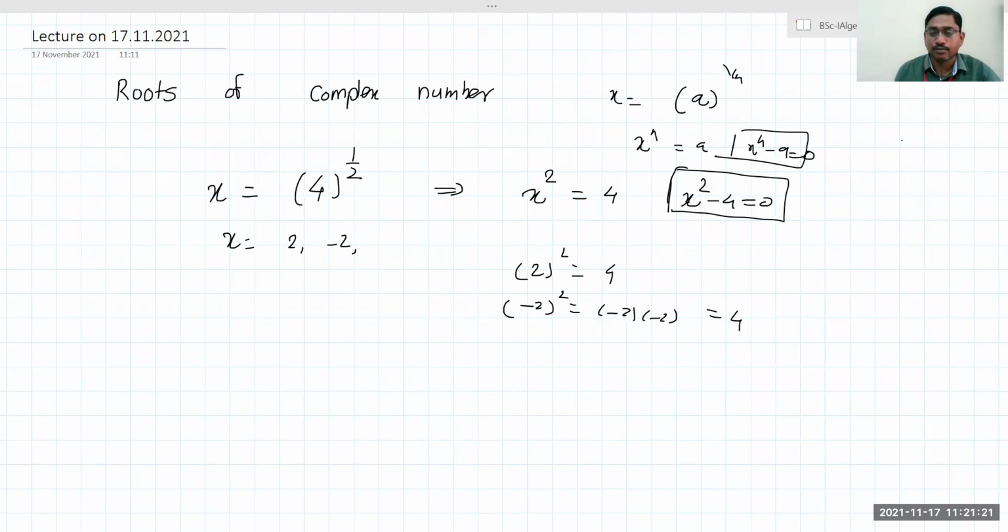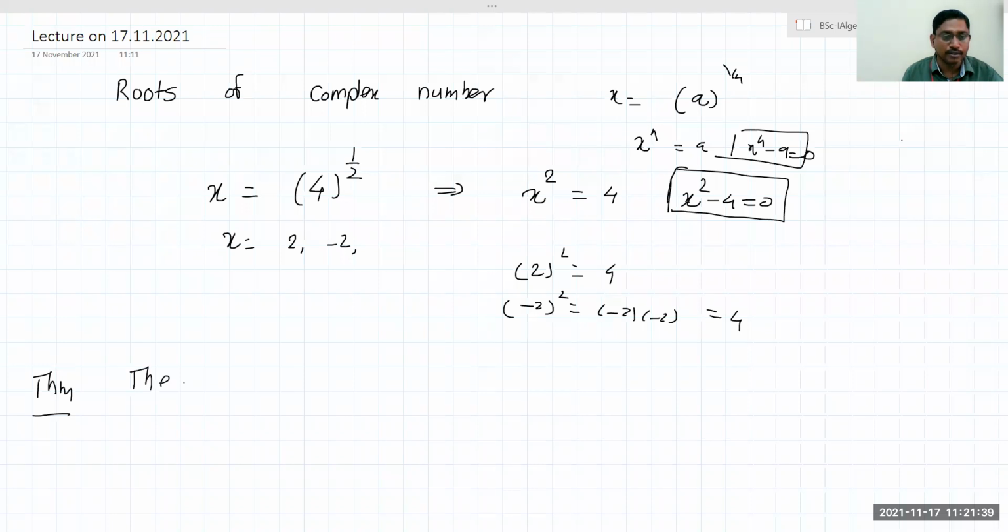So before finding the roots of a complex number, we'll see some theoretical aspect, that is, how to find roots of a complex number. I'll just make a statement.